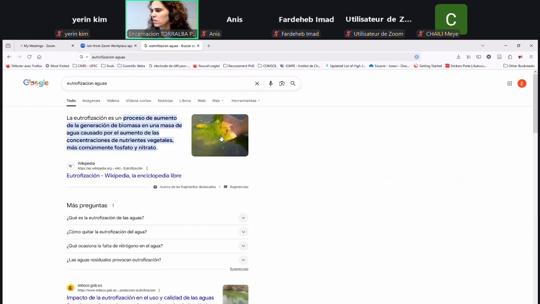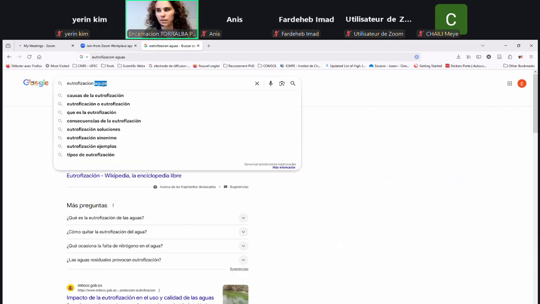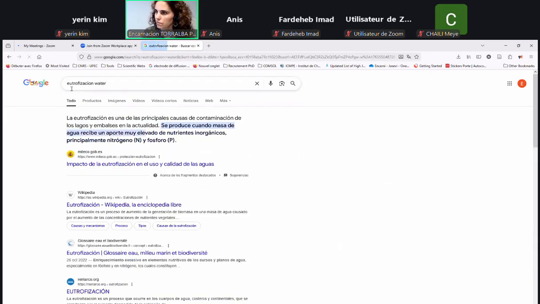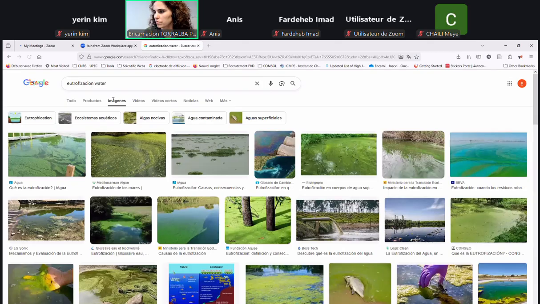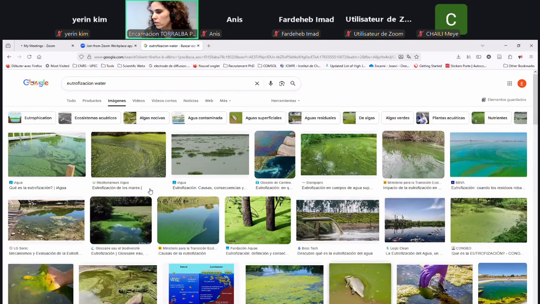But you see, this kind of thing, you have this when you have a lot of fertilizer in the water. At the end, you have this. I don't know the name in English, but I guess it will also be eutro-something.